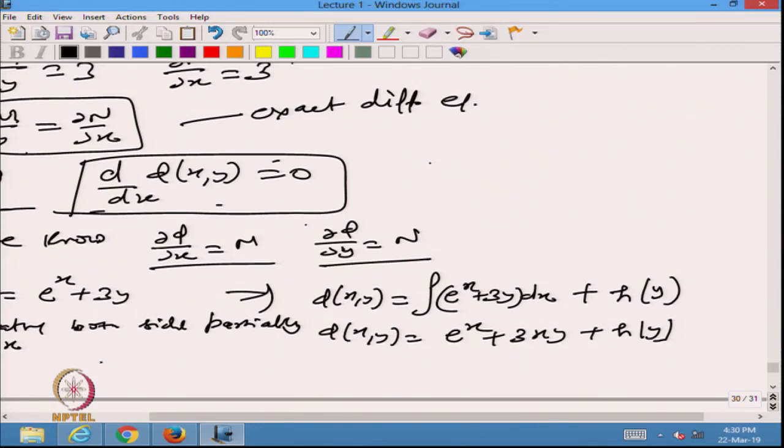Now, from here we know that del phi by del y is equal to N. This is the equation I am taking with the double star.